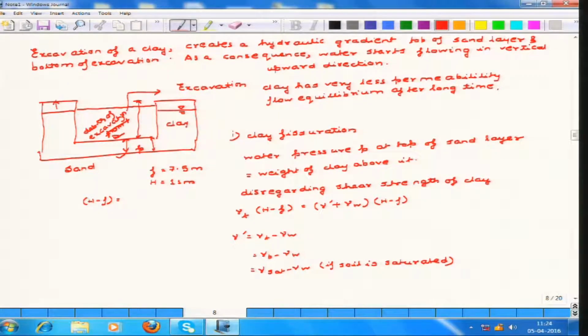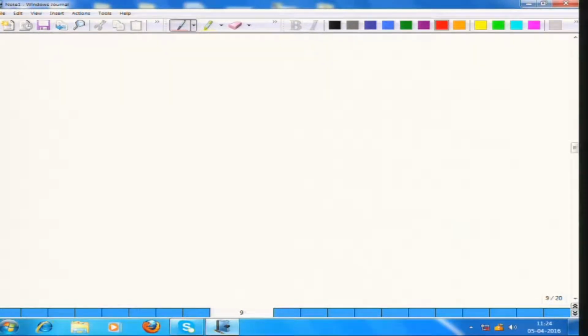Now, to find out the water pressure P at the top of the sand layer, that is very easy. That is equal to gamma W into H minus D. Now, what is this D?